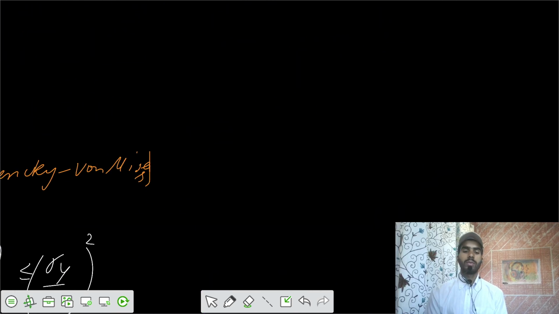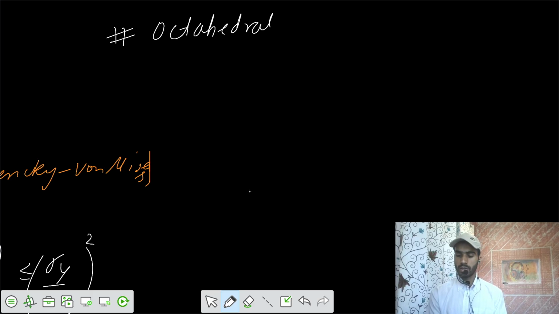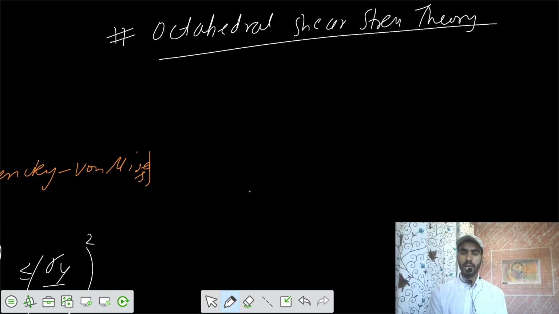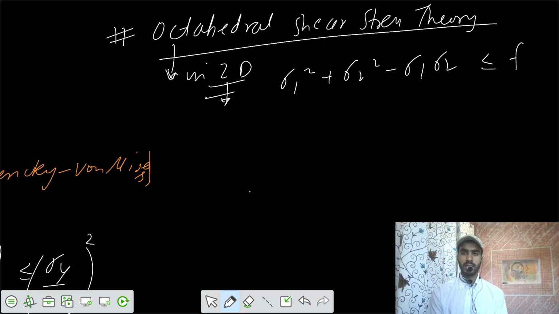So the conclusion of these methods: we also have one more method that we call octahedral shear stress theory. The equation for this one in the 2D case is sigma 1 square plus sigma 2 square minus sigma 1 sigma 2 should be less than or equal to Fy by factor of safety whole square.